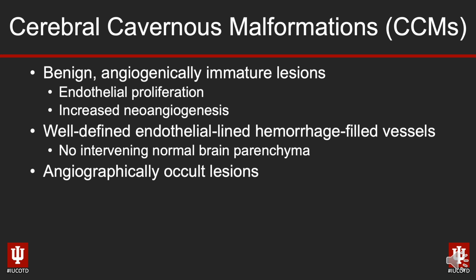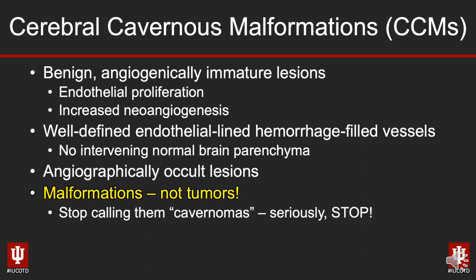Angiographically, these are described and reported as being occult. In other words, they should not enhance, although sometimes there may be some enhancement with them, particularly if it's associated with a developmental venous anomaly, a so-called mixed vascular malformation. But for all intents and purposes, and the vast majority, you will not see any contrast enhancement with these.